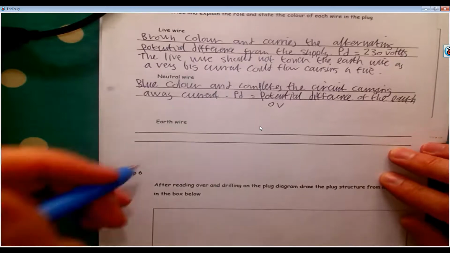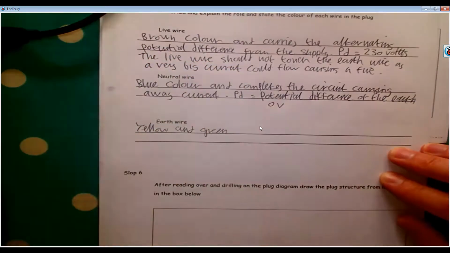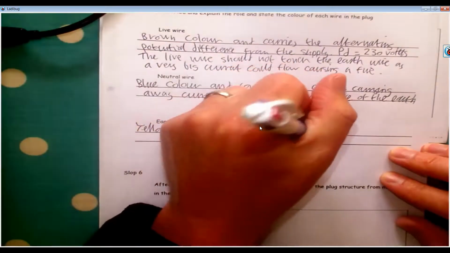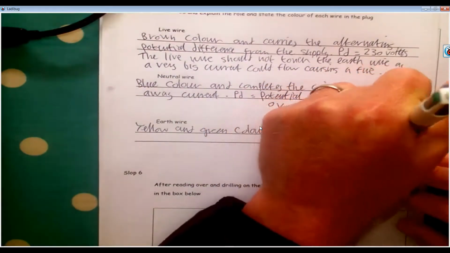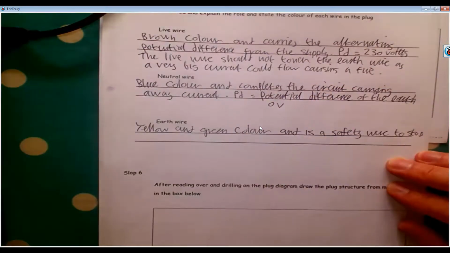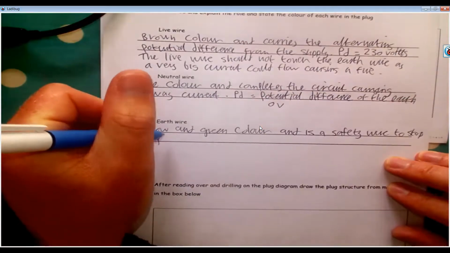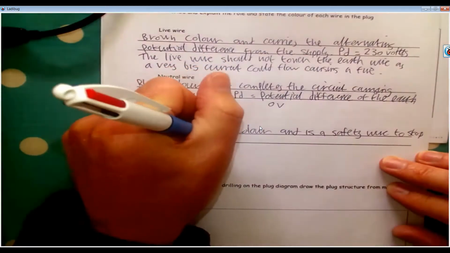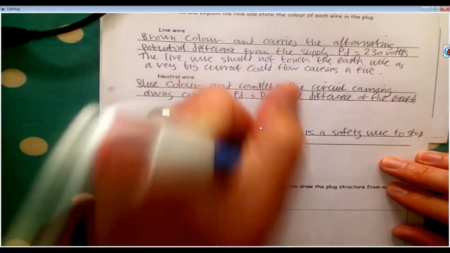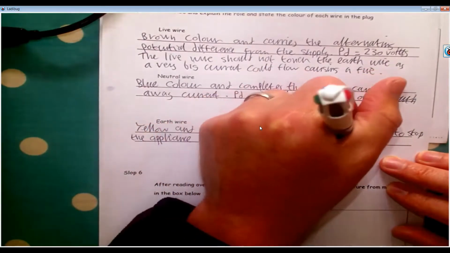Well, first of all, it is a yellow and green color, and is a safety wire to stop the appliance becoming live if a fault occurs.